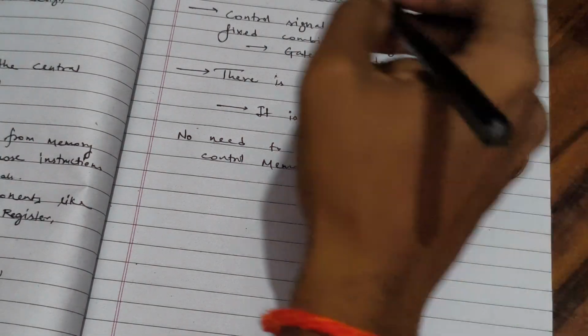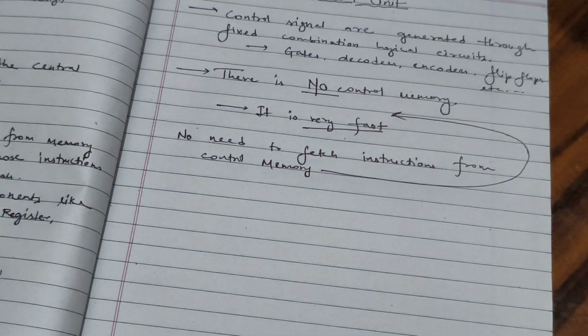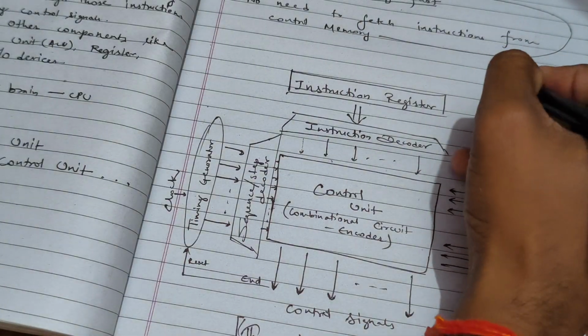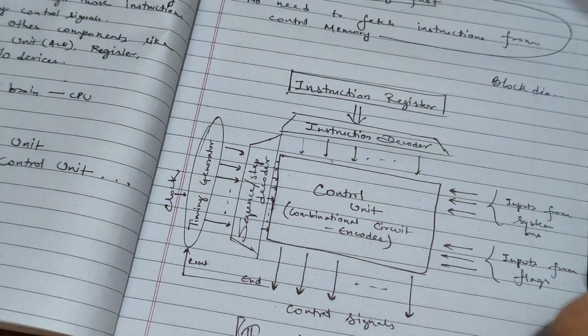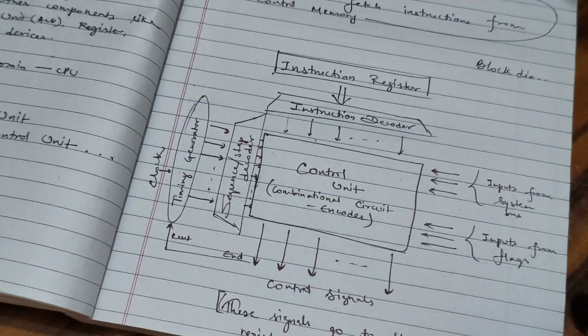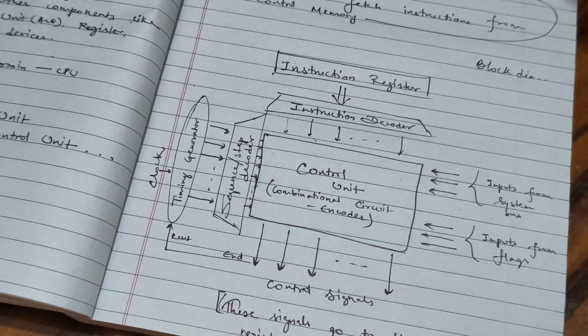Now let us understand the working of the hardwired control unit through a block diagram. Let me pause the video till I make the diagram. Right. So this is the block diagram for a hardwired control unit. Let us understand the parts of it. First of all, we have an instruction register. This is used to store the instructions which are fetched. Next, we have an instruction decoder.